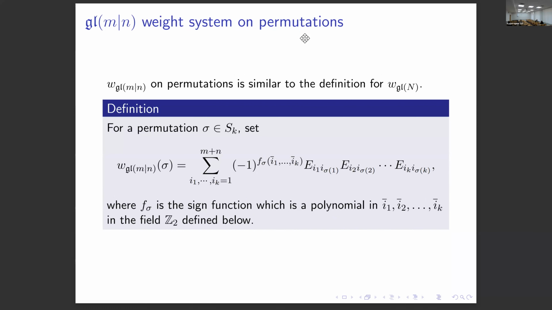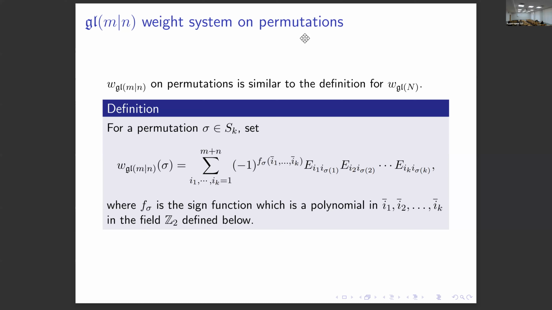Next, I directly define the GL(m|n) weight system for permutations. The weight system for a permutation is defined as (-1) power sign function f of sigma, times E_I1 I_sigma(1), E_I2 I_sigma(2), up to E_Ik I_sigma(k), for a permutation sigma in the symmetric group on k elements.